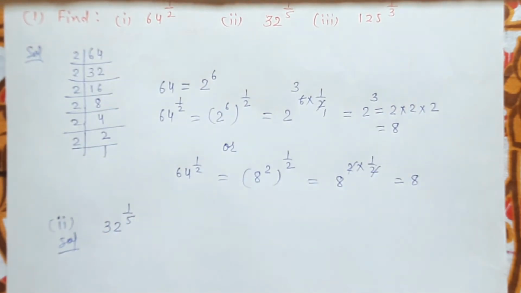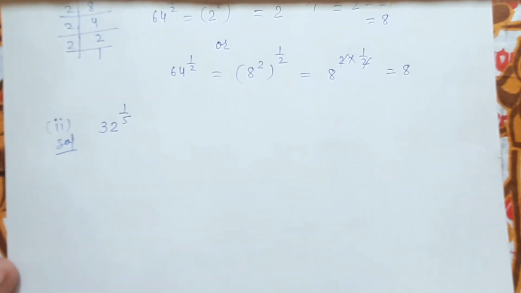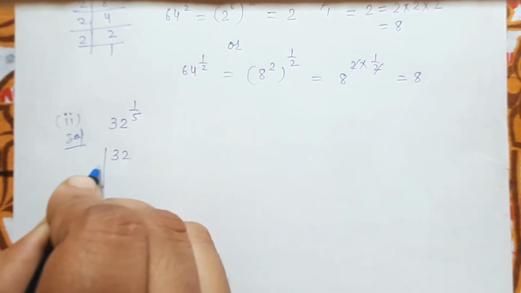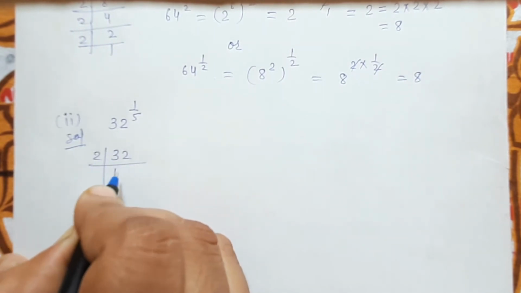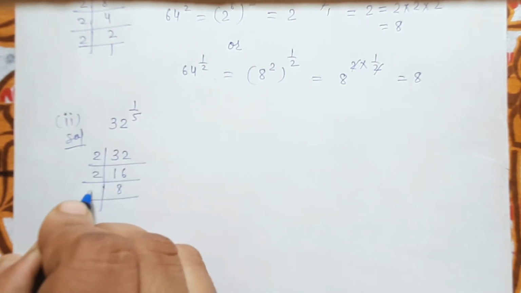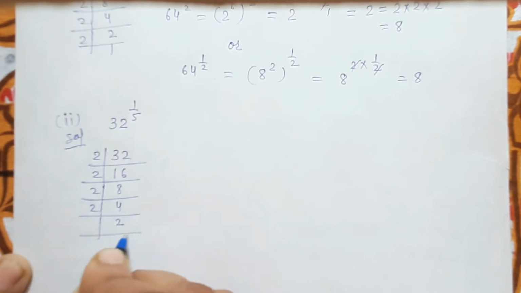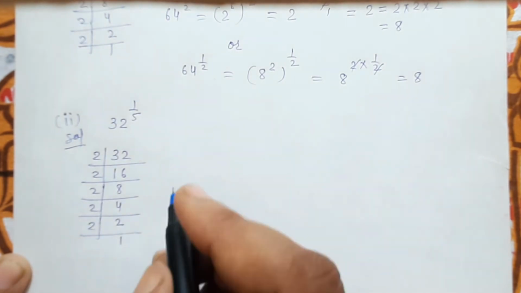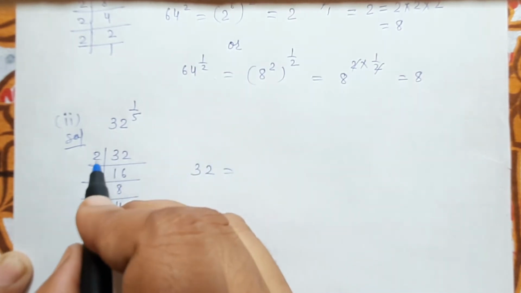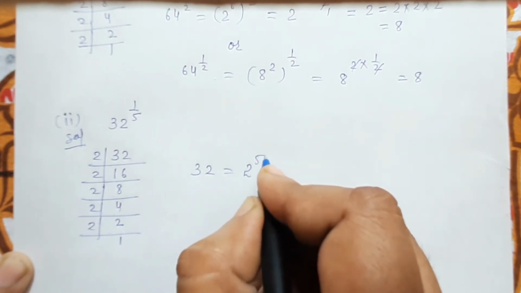So now we factorize the 32 into the prime factors. 2 1s are 2, 2 6s are 12, 2 8s are 16, 2 4s are 8, 2 2s are 4, 2 1s are 2. So 32 is equal to 2 raised to power 5.